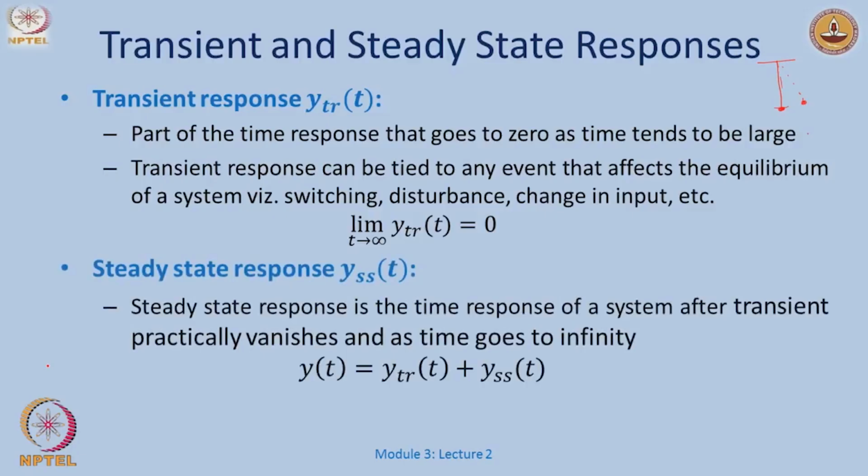Steady state response, well, this is the response of the system after all the transients have died down, right, or as time goes to infinity. Again, we will see this with the help of an example. So, total response of any system would have two components, the transient response and the steady state response, and the steady state response could also be just the 0 thing itself, right. Okay.